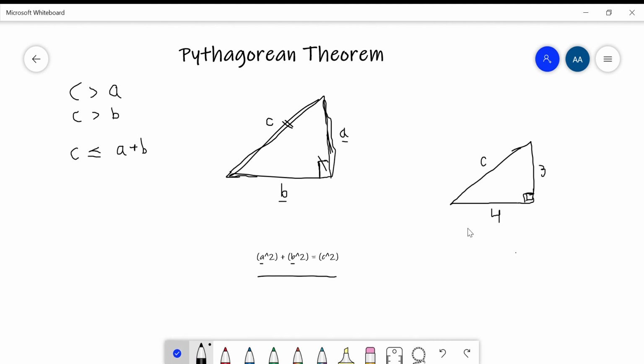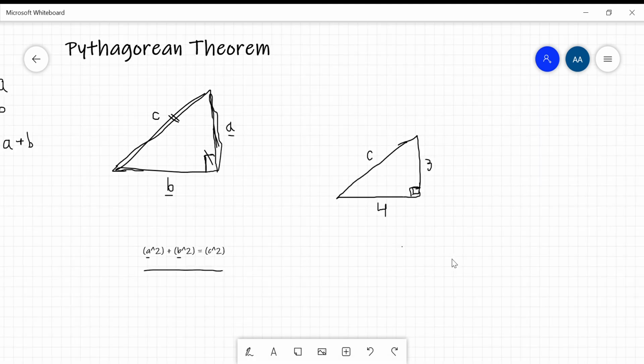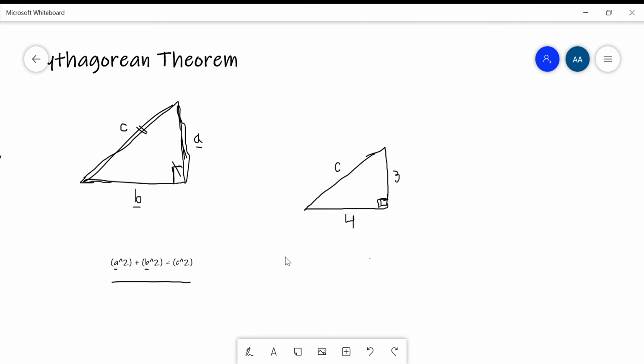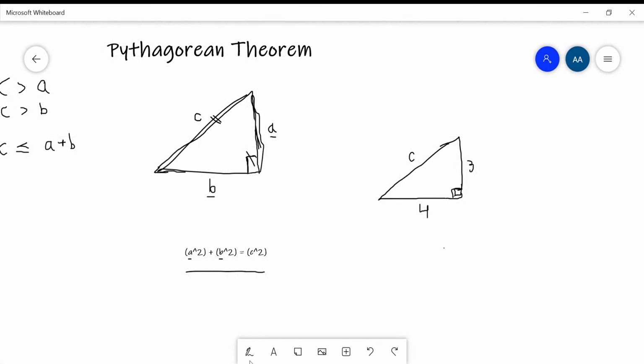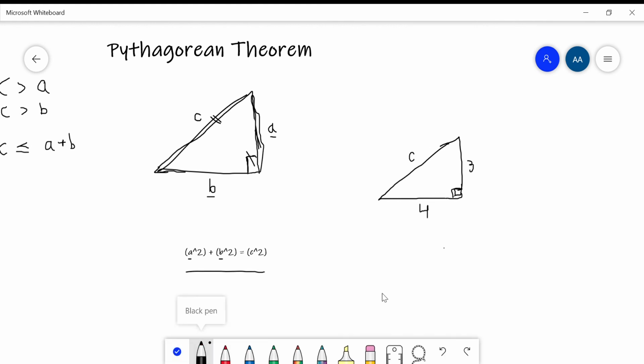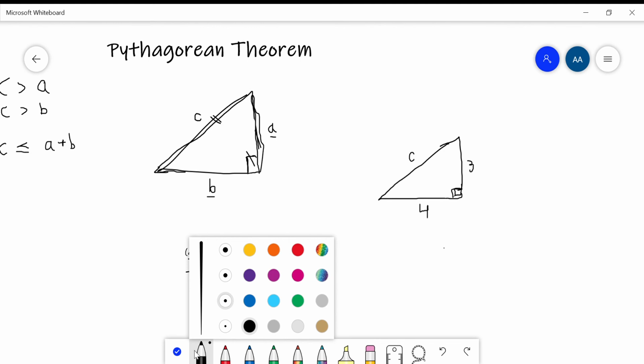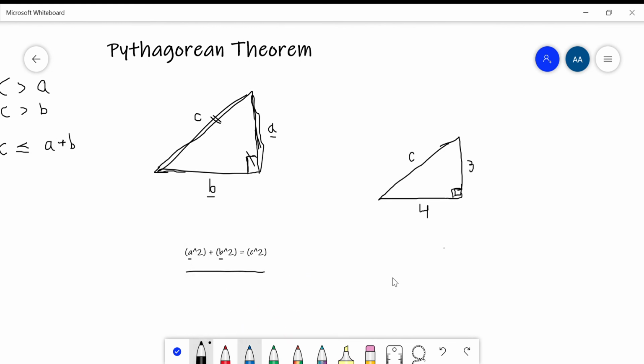So using those three rules, let's solve this using the Pythagorean theorem. Then we're going to see if it fits all these three rules for being a right triangle. Obviously, with the Pythagorean theorem, we're implying that it is, but we're checking if it was correct to use the Pythagorean theorem.